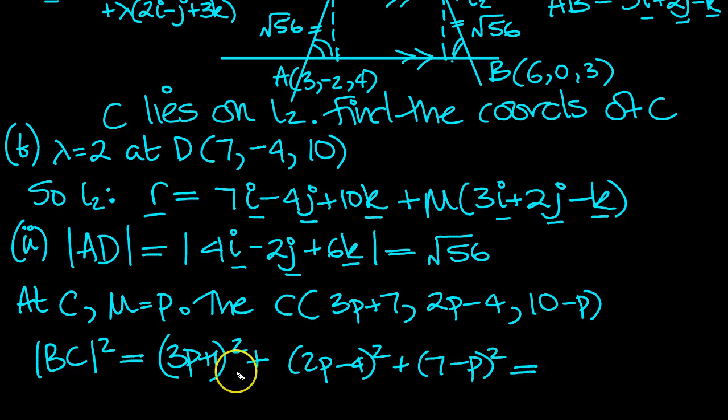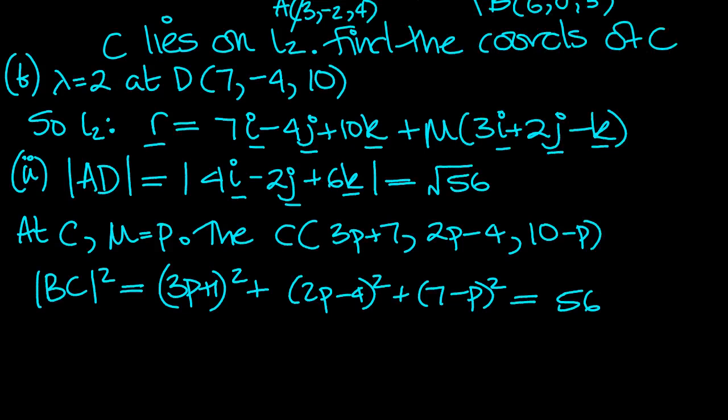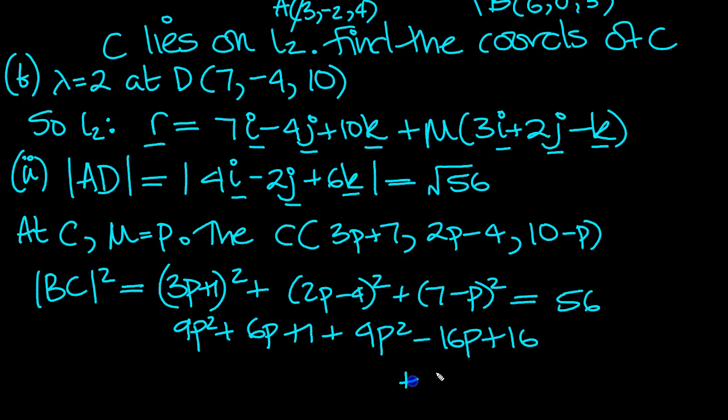This must equal the length of the side squared, which is 56. Expanding the brackets: 9p squared plus 6p plus 1, then 4p squared minus 16p plus 16, plus 49 minus 14p plus p squared, all equals 56.